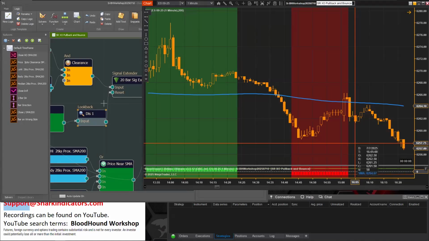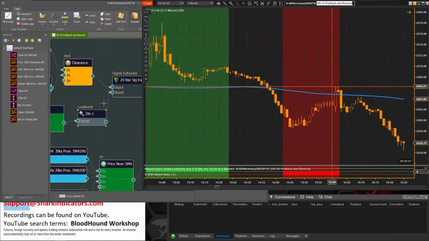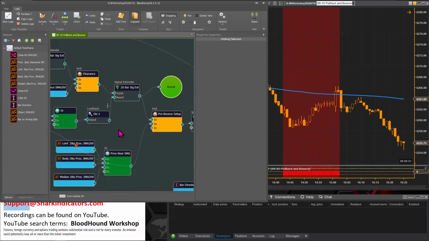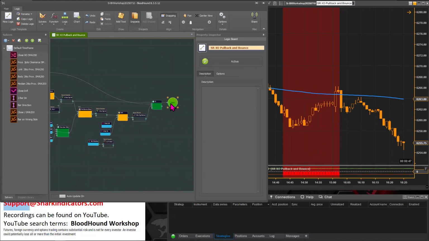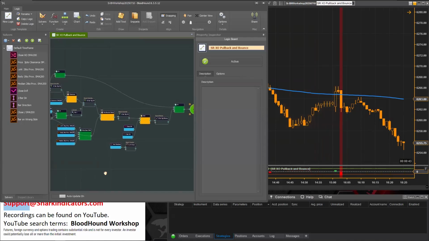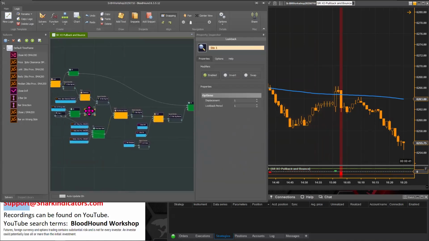So now our signal extender doesn't actually reset on just that single bar that is on the wrong side of the market. So now we need to go back and make sure that my instincts were correct here.